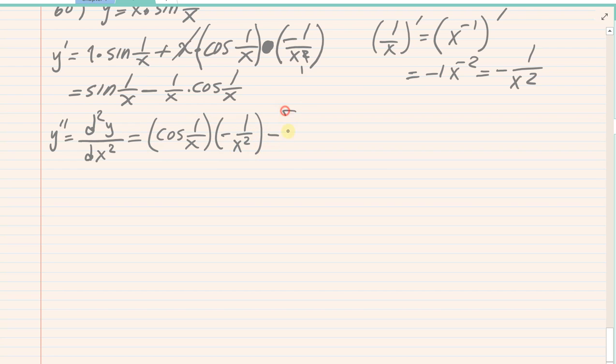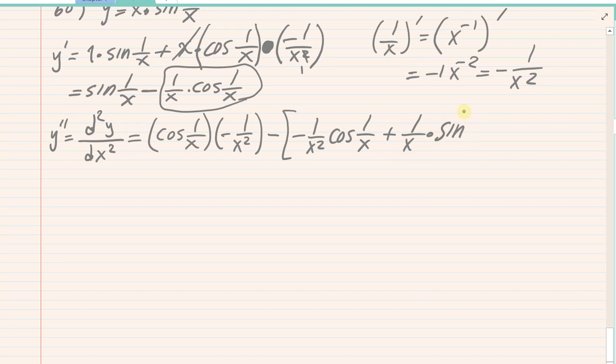Minus, we're doing this part now. Derivative of 1 over x, that times the second, plus 1 over x times derivative of cosine, which is negative sine, right?